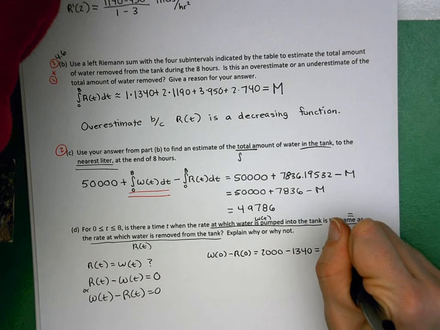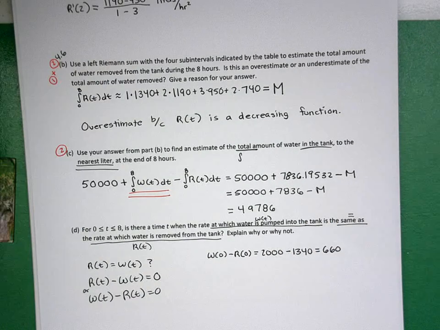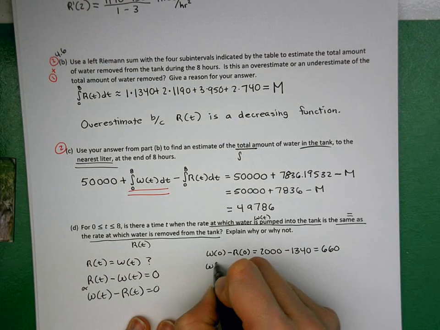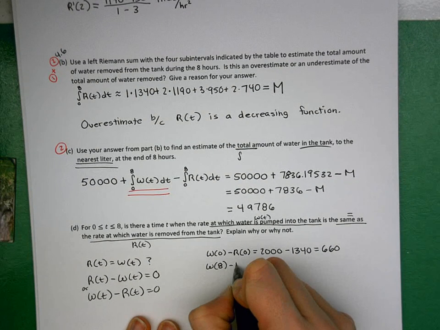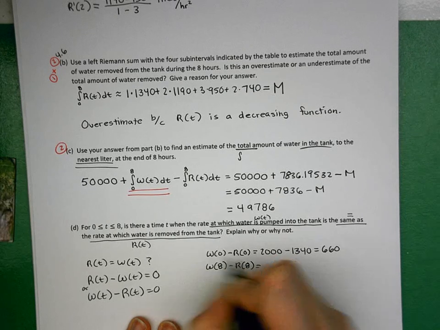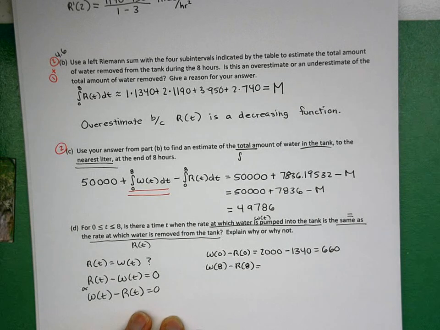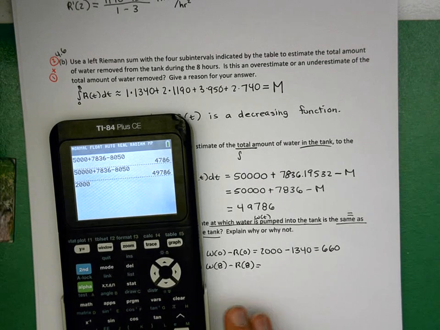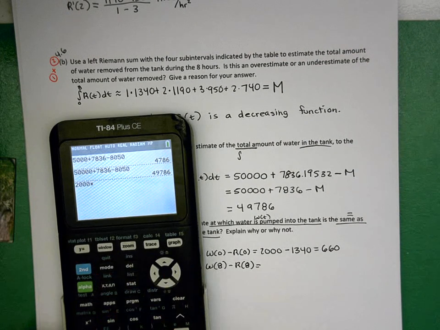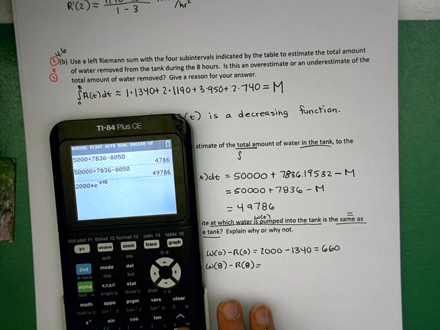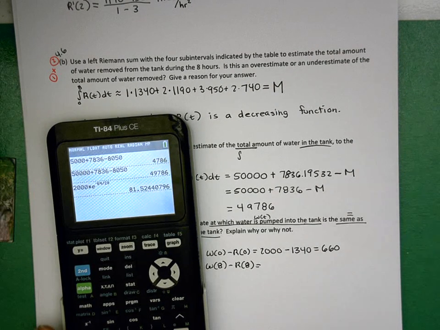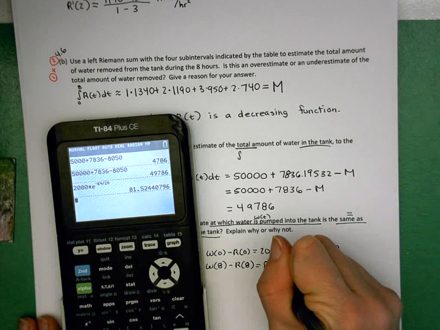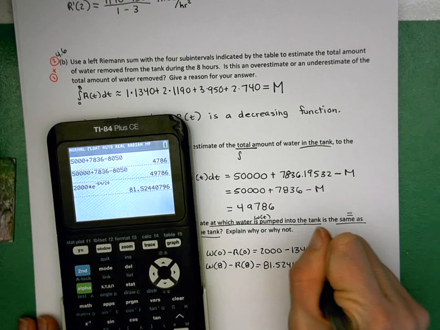Okay? My w of 8 minus my r of 8, which is the other end of my interval. W of 8, if I take my calculator and plug that in, I don't remember what we get, 2,000 e to the negative 64 over 20. I'd get 81.52440796 minus my r of 8. My r of 8 in this particular case is 700.